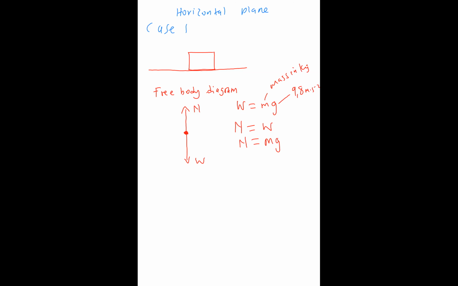So let me show you case number 2 of when we deal with normal. This time around, I will assume that the object is moving. Let me go to the next slide. So case number 2.